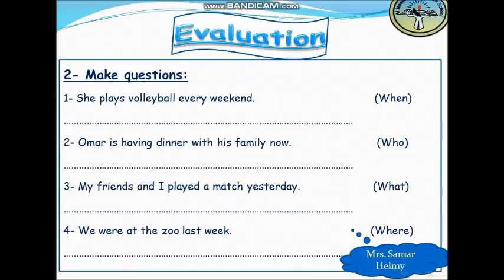Now, the same page 80, make questions. Number 1, she plays volleyball every weekend. We have the question word when, and when asks about?